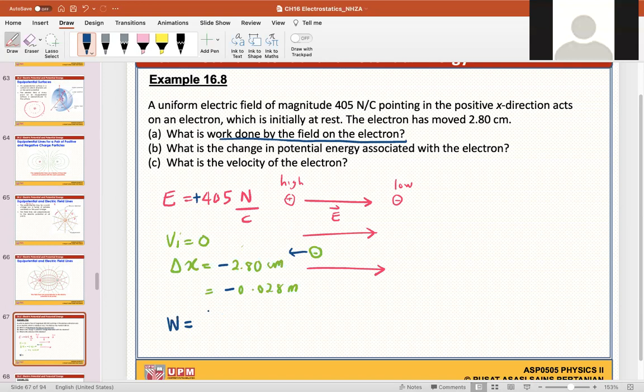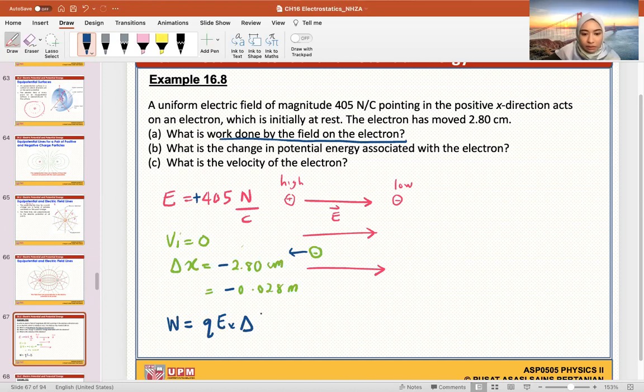QEx delta x, correct. What does the subscript x mean? Parallel. They are in parallel. Are they in parallel here? So this one is to the right, this one is to the left. They are in parallel but in opposite direction.